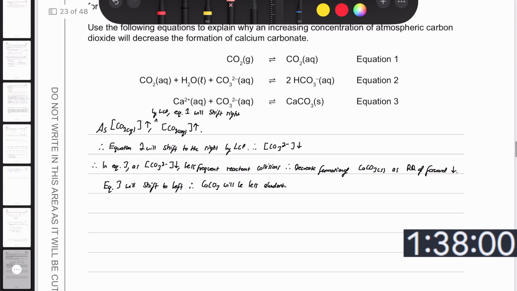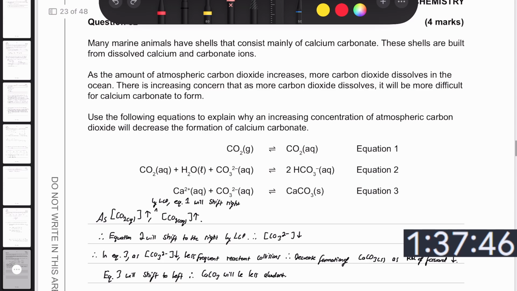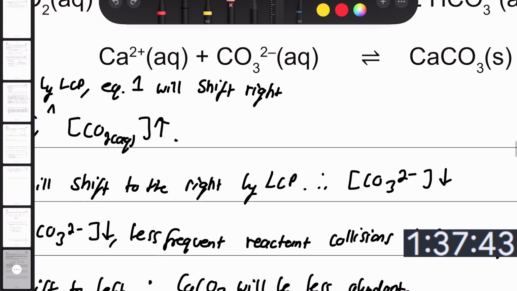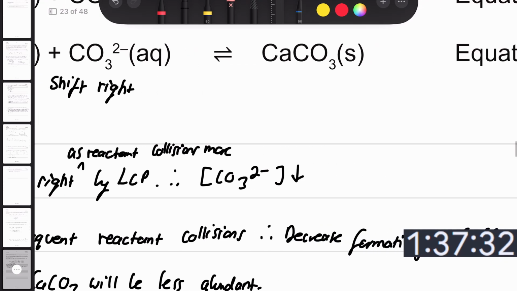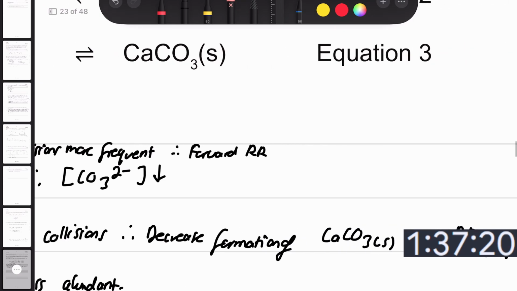So I kind of have a full net where I talk about this and the lower forward reaction rate, and also this. Shift to right, reactant collisions more frequent. Therefore, the forward reaction rate is greater than reverse.